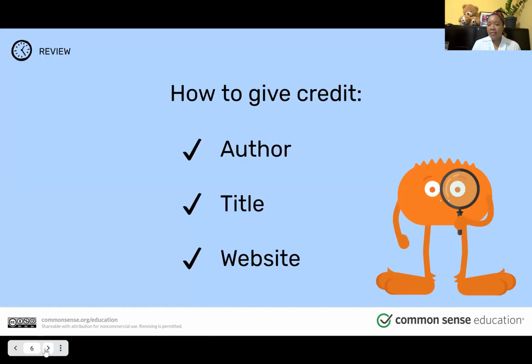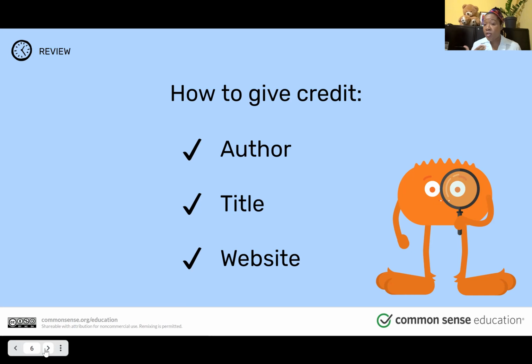How to give credit? You give credit by making a record of the author, the title, and the website. So if I went on a website and I got some information from that website, I need to write down or have a record of who wrote it, what the title is, and the name of the website.